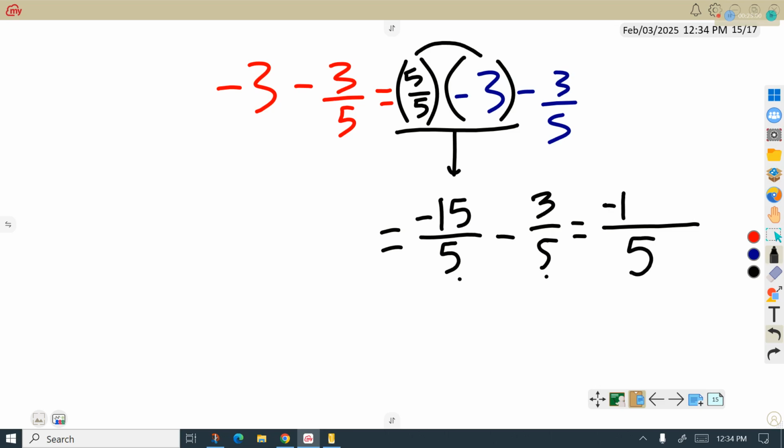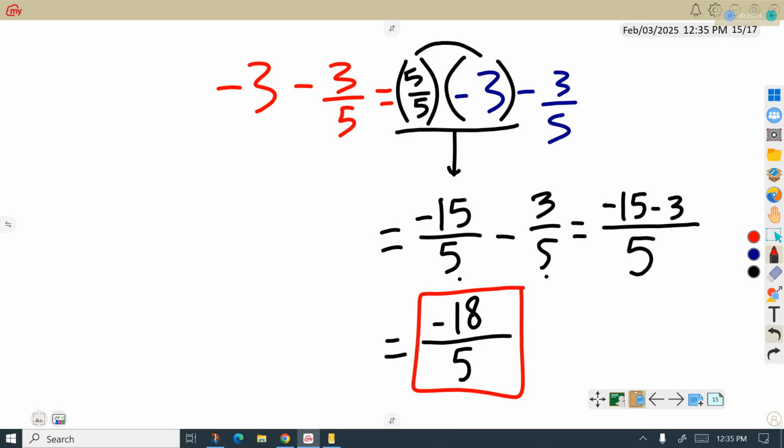So what I have on top is negative 15 minus 3. That's why fractions become annoying, because we have to deal with the top and the bottom. Negative 15 minus 3 is just negative 18, and the 5 stays on bottom.